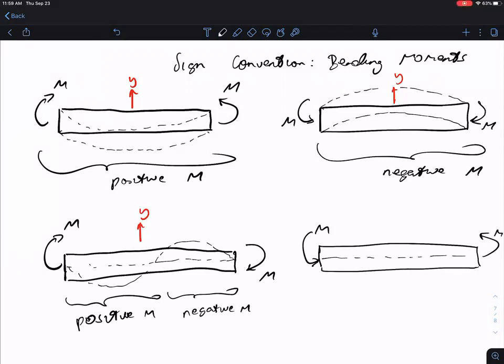Our center line deflected shape is going to look something like this. And so the left segment is concave downward, so that would be considered a negative moment, and the right segment is concave upward, so that would be considered a positive moment.